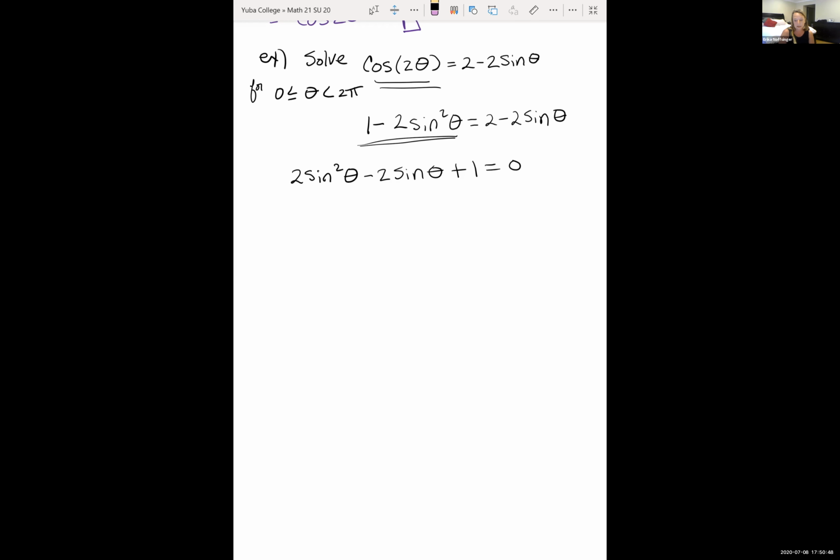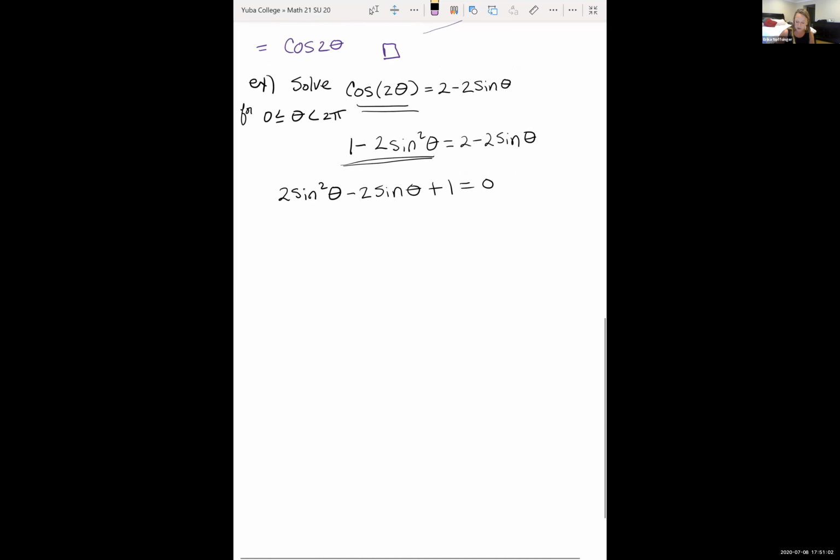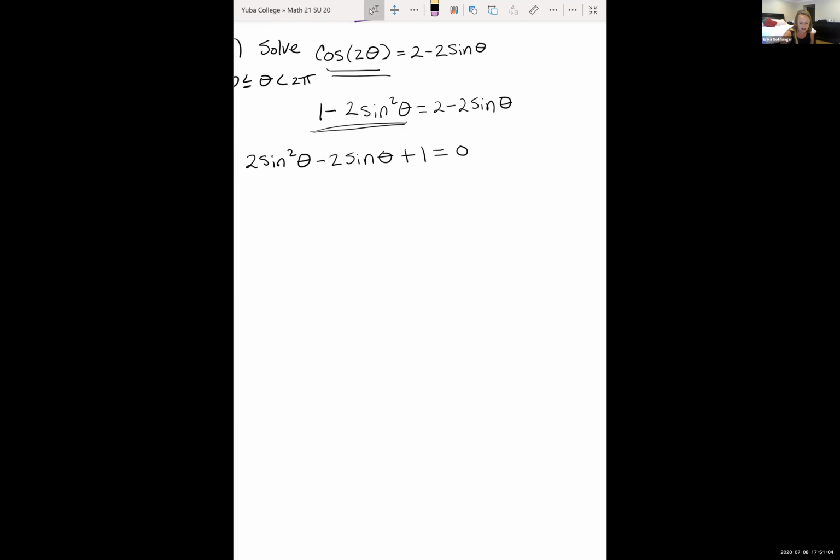Okay, so we got everything to one side of our equation, equal to 0. It's a quadratic. See if it's factorable. I do my AC method if my coefficient isn't 1 in front of my x squared term, in this case the sine squared term. I look at the coefficient in front of that square times my constant, AC. Multiplying those together, I get 2.